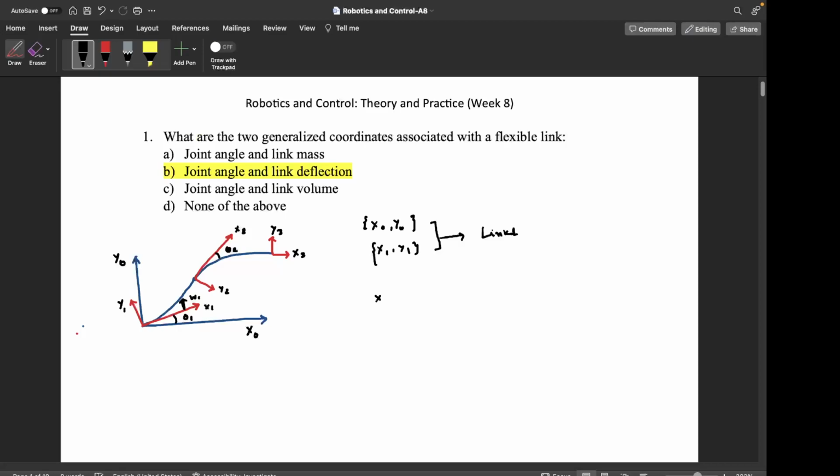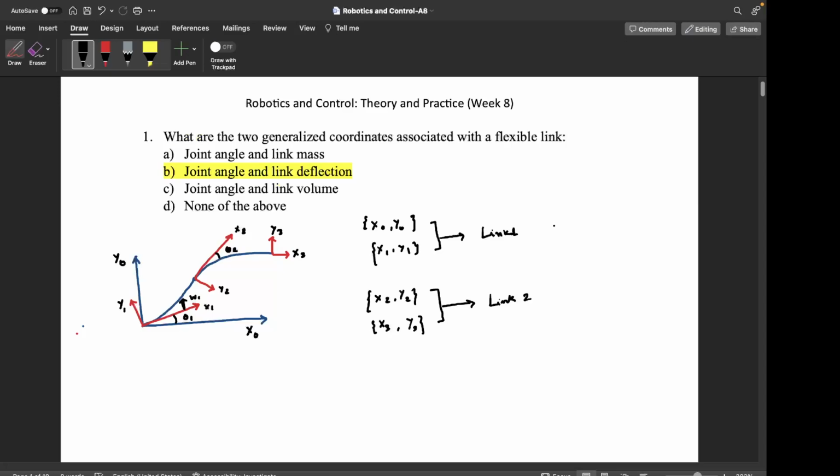And x2, y2, and x3, y3. This is link 2, right?